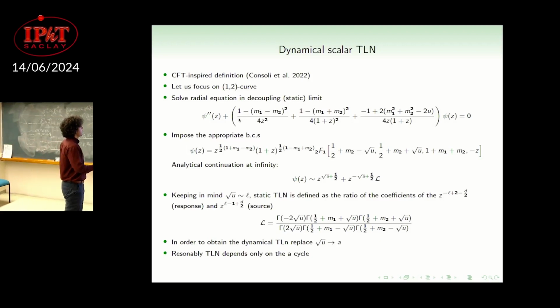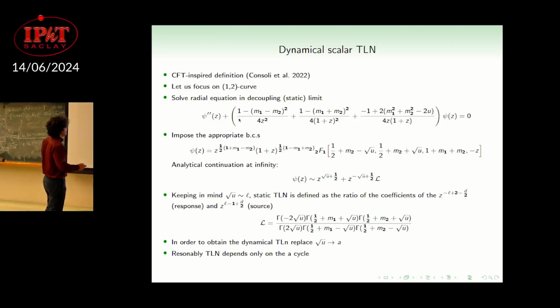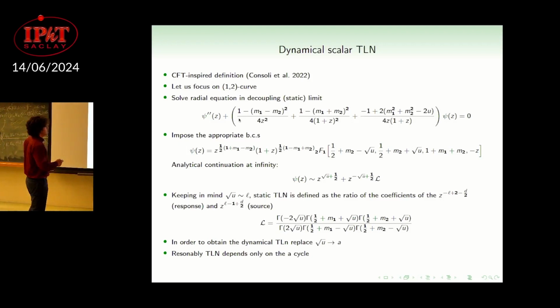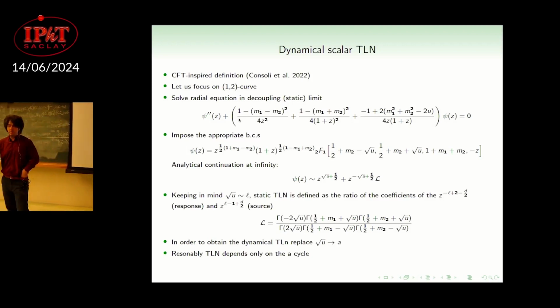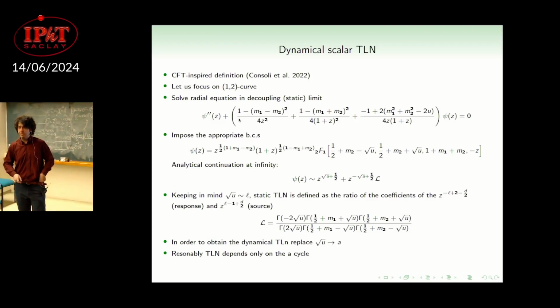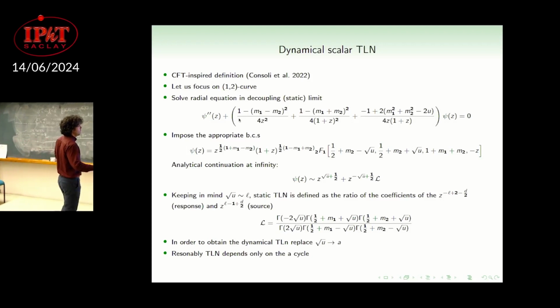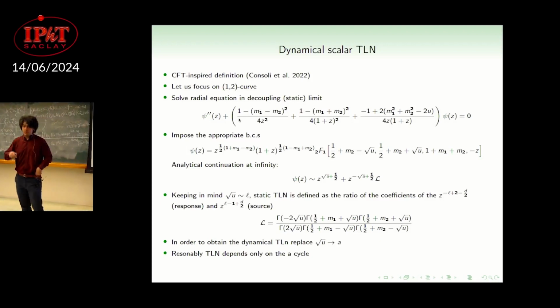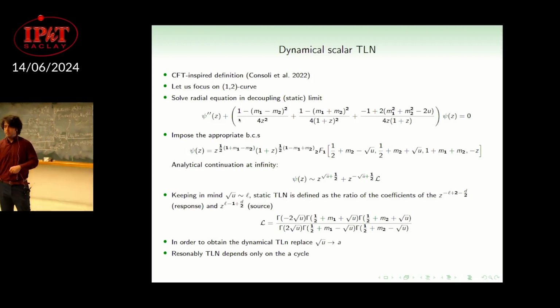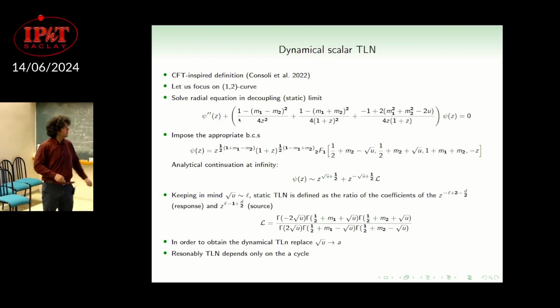So this is the confluent equation, or the 1-2 Seiberg-Witten curve, in the decoupling limit, so when the gauge coupling Q goes to 0. This equation is not annoying because it reduces to a hypergeometric equation. So this is the solution with the correct boundary condition, ingoing or regular.